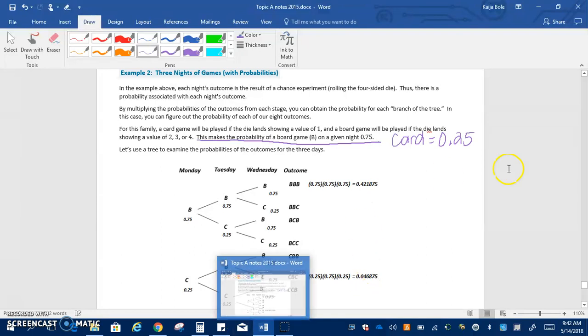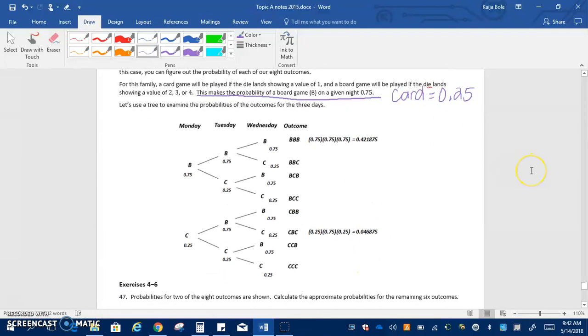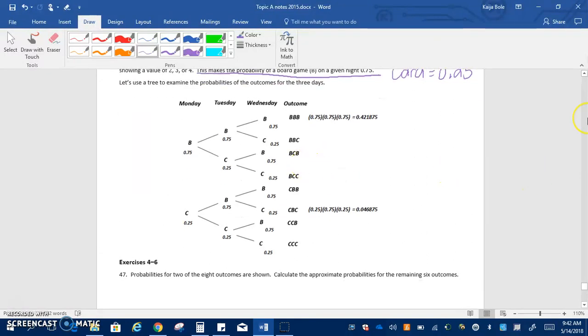Okay, so first they want to use a tree to find the probabilities for the 3 days. You can see they did the first one for you. And so all you're doing is you're multiplying the 3 probabilities. So for the next row here, BBC, we'd have 0.75 times 0.75 times 0.25. For the next one, we'd have 0.75 times 0.25 times 0.75.